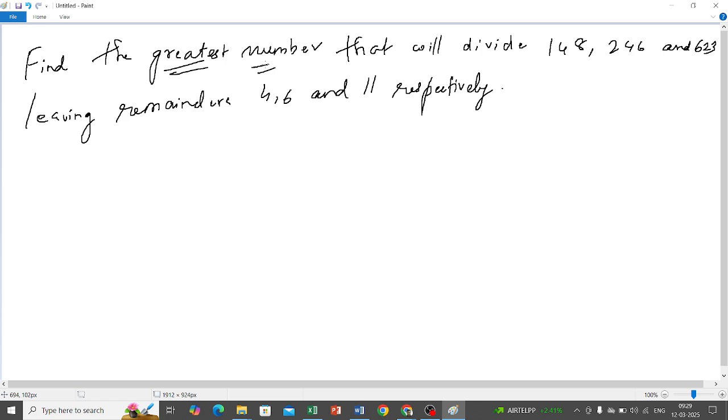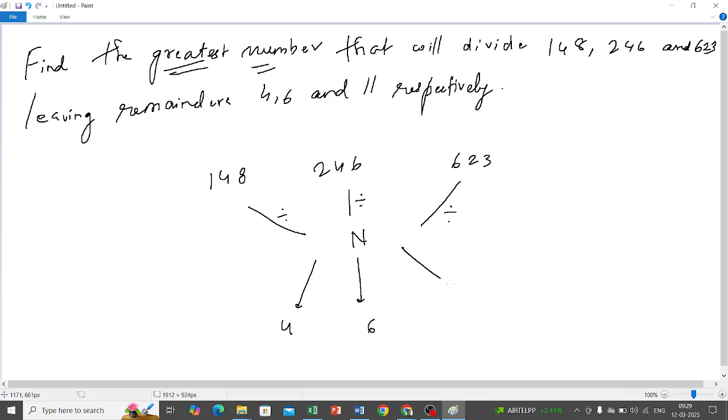Can I do this? See, find the greatest number that will divide 148, 246 and 623. Visualize it in this way. The greatest number is just one number, which when it divides these numbers will give remainder 4, remainder 6 and remainder 11.